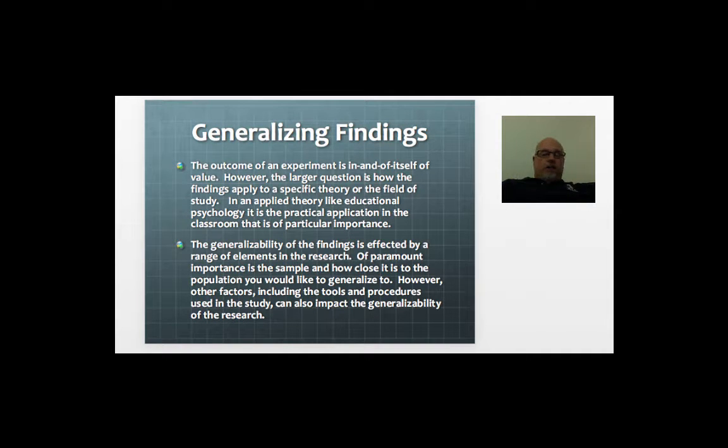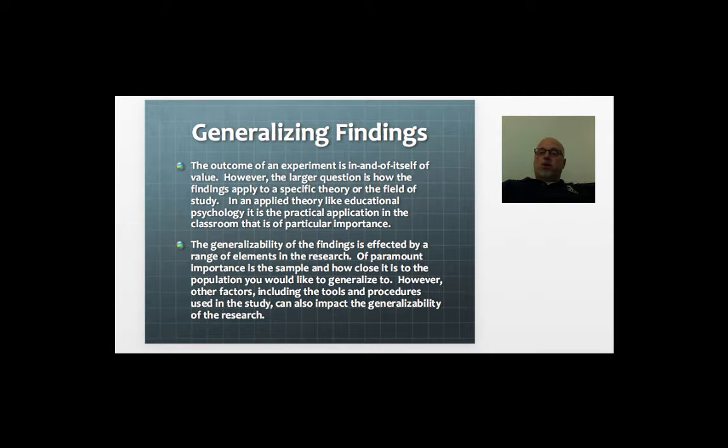Another key factor that we want to talk about relative to experimental designs is our capacity to generalize findings. When we do research, and I talked about this in the theory model, we want to be able to generalize our findings to the broadest group possible. But whether or not we can do that is really dependent upon the nature of the sample.